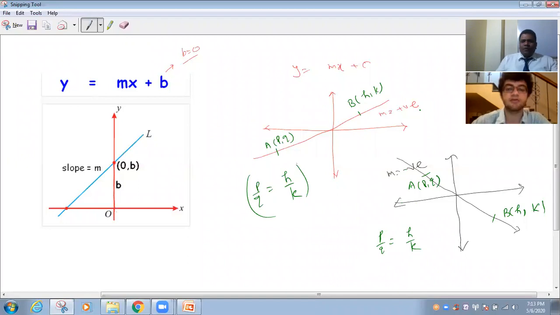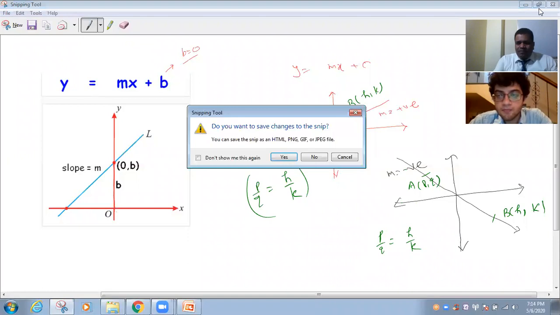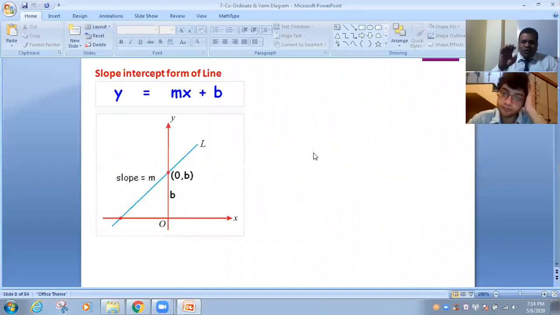Now I'm going to make this line more specific. I will put b is equal to 0 and m is equals to 1.